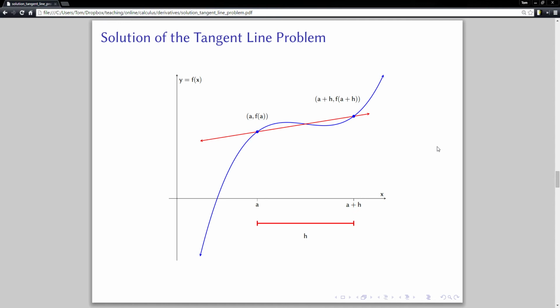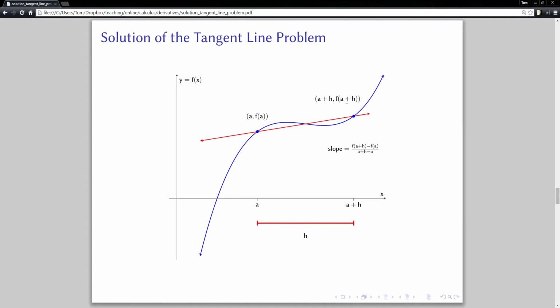The coordinates of this point would be a plus h, the x coordinate, and then f of a plus h, that's whatever we get when we plug a plus h into the function. So whatever the output is, that will be the coordinates of those 2 points. And so we'll have 2 different points on the line, and we can calculate the slope of the line joining those 2 points with the slope formula from college algebra.